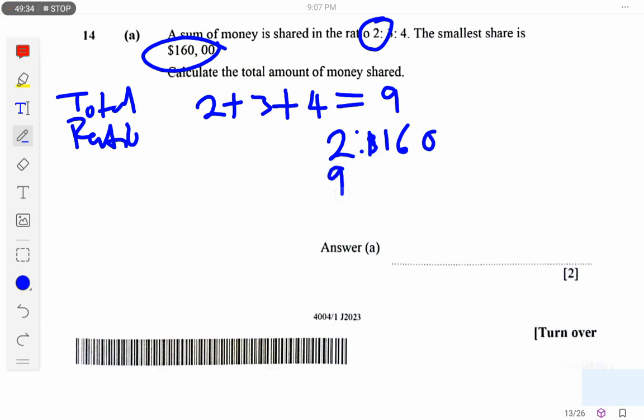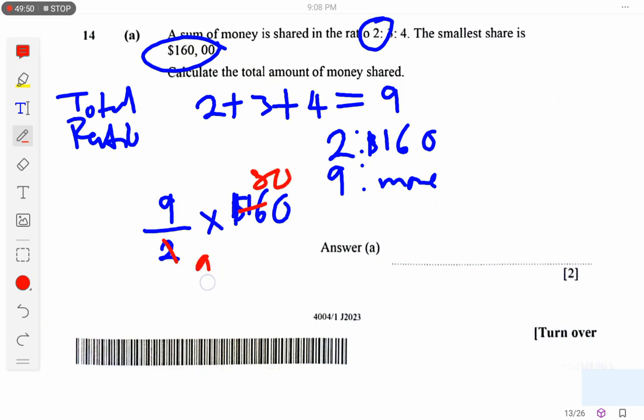What about 9 as to what? As to more. When I have more, I'll take the bigger number, 9 over 2 times $160. My 2 can go into 160 and I have 80. Then I have 9 times 80, I'll get $720. Okay, we are done.